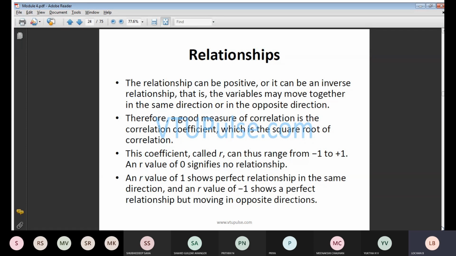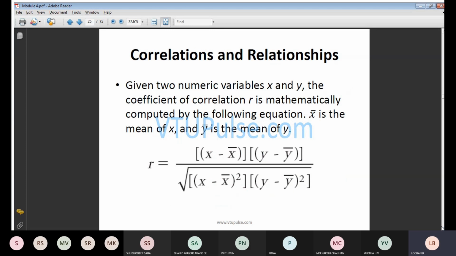If it is -1, we say it is the opposite direction. So this is the formula we will take for correlation and the relationship. Given two numerical variables x and y, the coefficient r is mathematically computed by the following equation, where x bar is the mean of x and y bar is the mean of y.